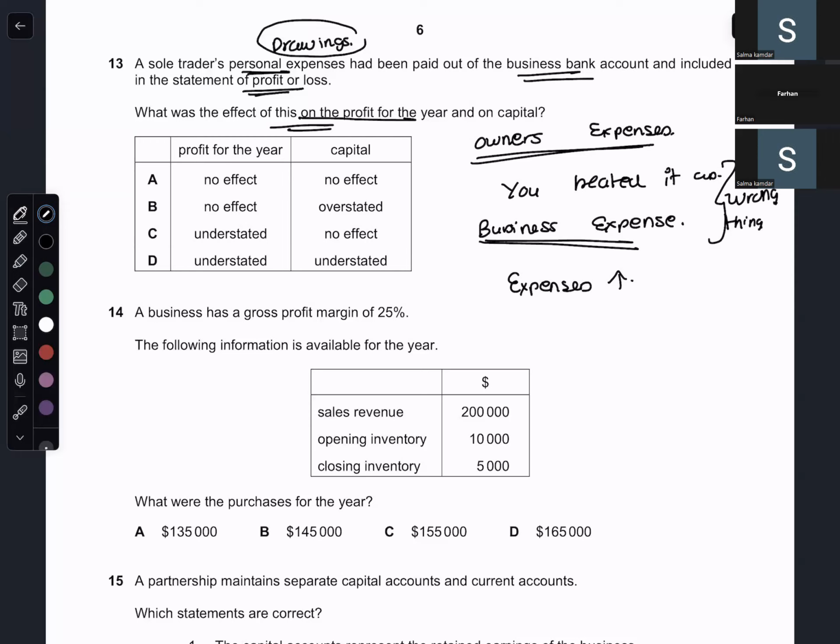Expenses are overstated, so profits will be understated.